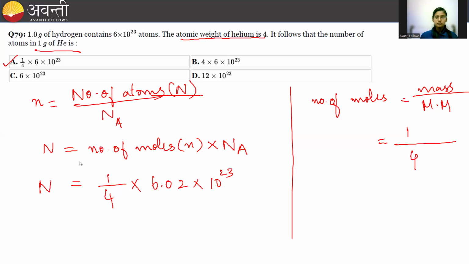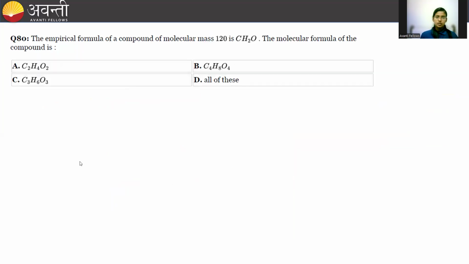Okay. Then the next question, question number 80: the empirical formula of a compound of molecular mass 120 is CH2O. The molecular formula of the compound is. So we have the empirical formula of the compound as CH2O. Okay, so CH2O has the mass as, let's calculate the mass.